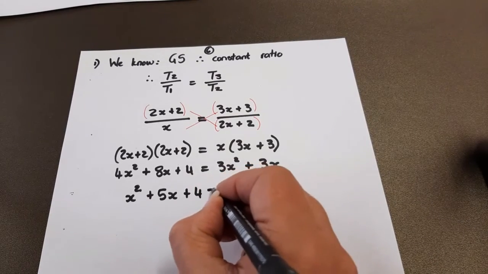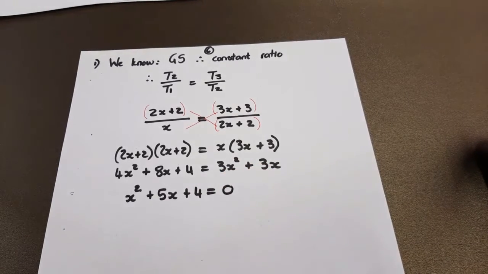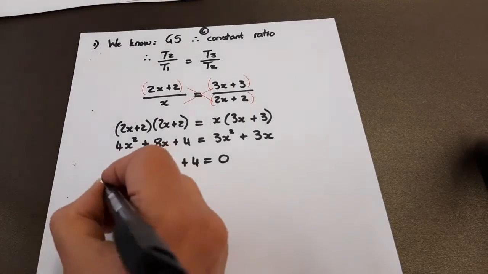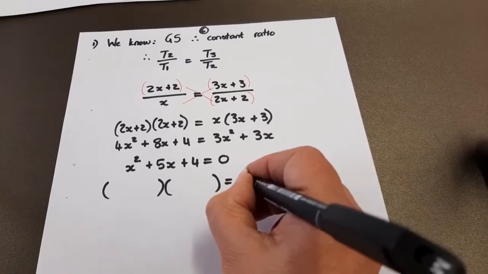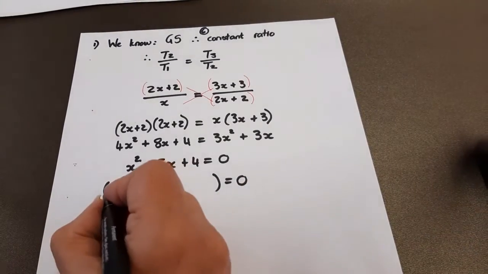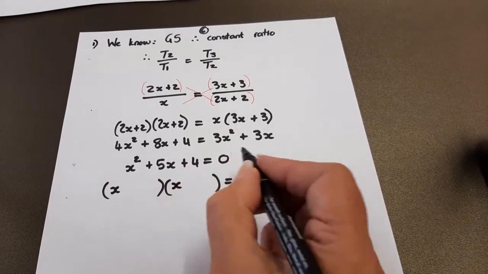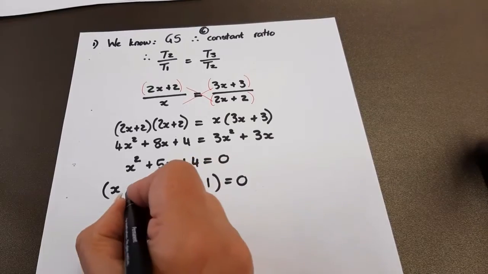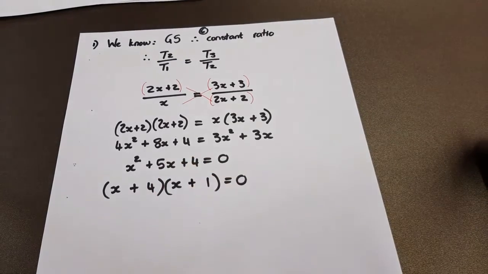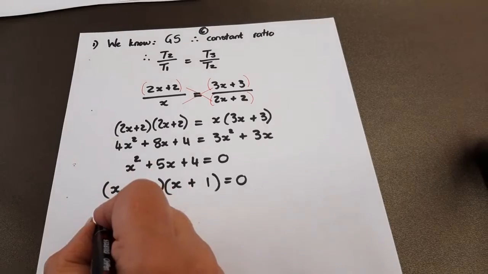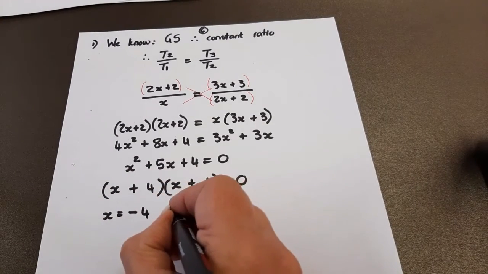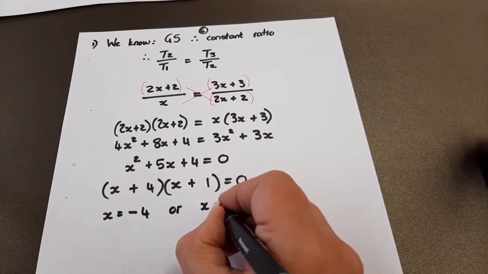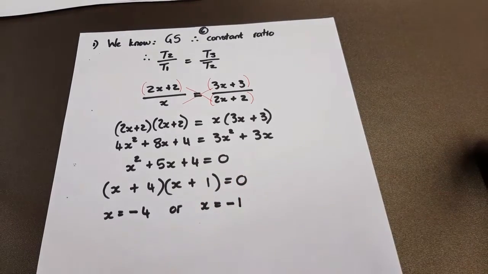Plus 4 equals 0. And now we factorize because we want to work out x. This will give you x plus 4 times x plus 1. This means that x will be equal to minus 4 or x will be equal to minus 1.